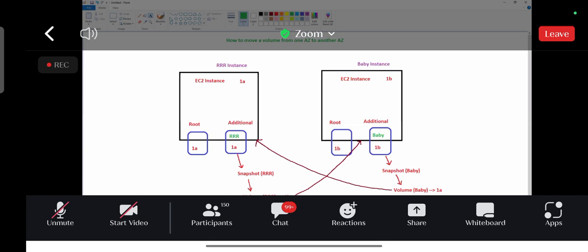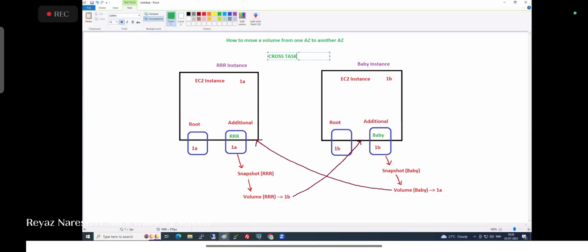And this one I call cross task. It is not an official name, I'm just telling you. Cross task means cross availability zone task. So in the lab, when we start hands-on and I say cross task, you should remember how to do it: create a snapshot from the volumes, create a volume out of it, detach and attach like this.